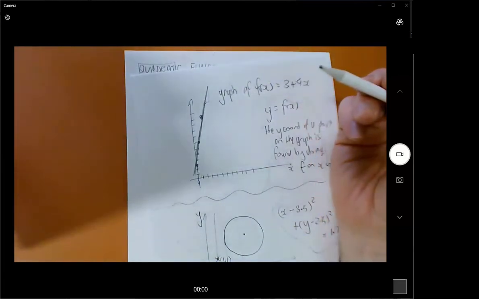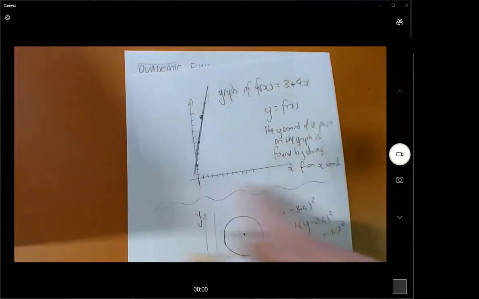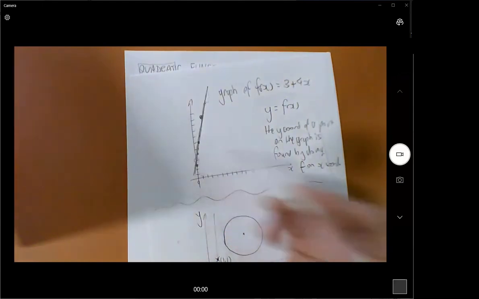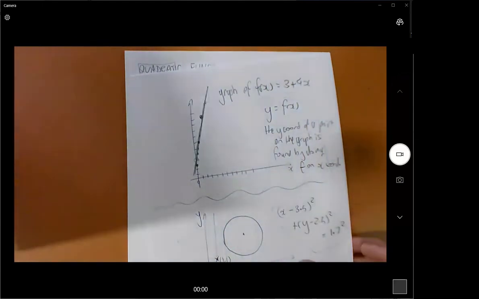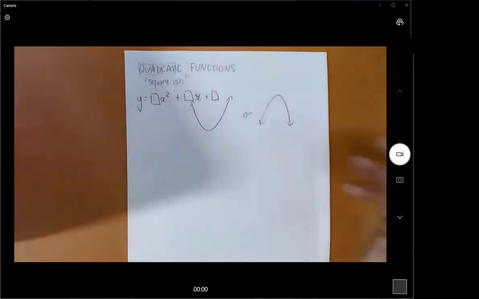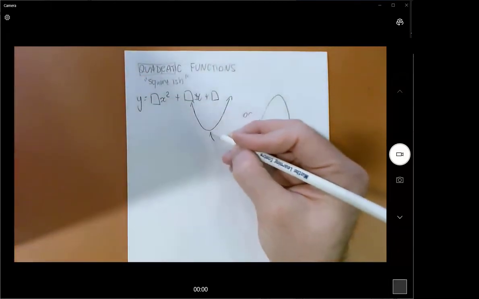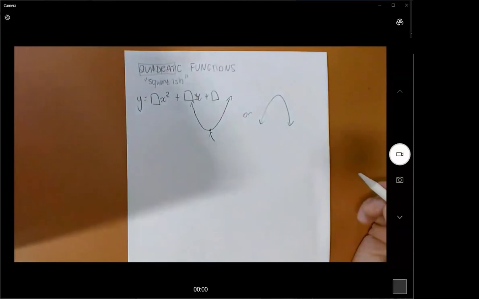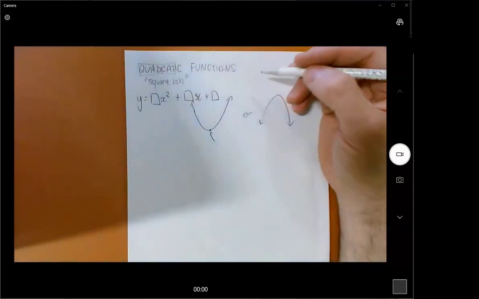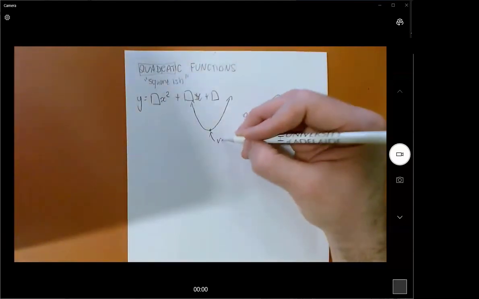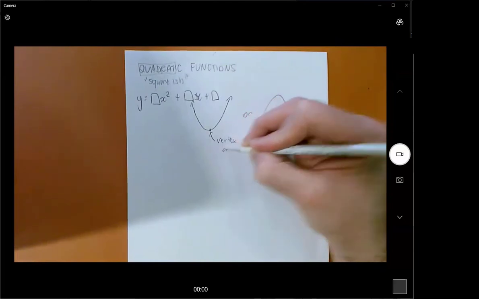The only distinguishing feature, if I didn't know where the coordinate axes were, is that I wouldn't be able to tell hardly anything other than the slope. But if you've got coordinate axes, I can tell where it meets the axes. A quadratic function has at least this point here, where it stops coming down and starts going up. Most people call that the vertex or the turning point.